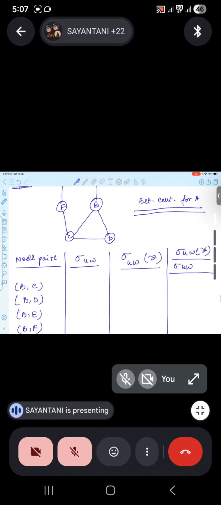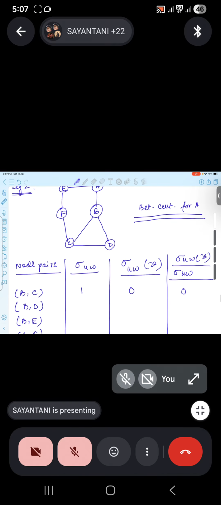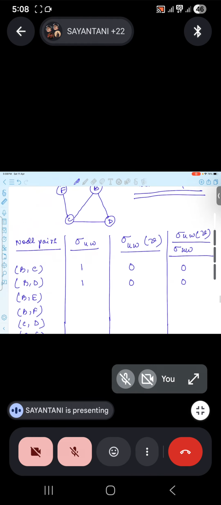So looking at the graph, first B to C we have one shortest path and that does not pass through A, so the ratio is 0. B to D, again one shortest path, does not pass through A, so the ratio is 0. B to E, you have only one shortest path and that does pass through A, the value is 1.